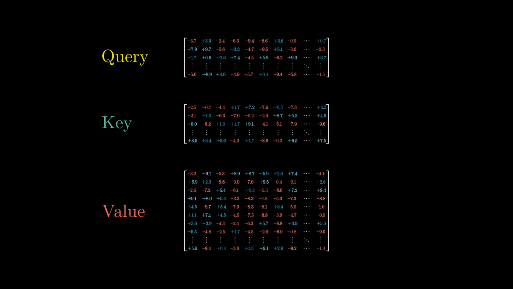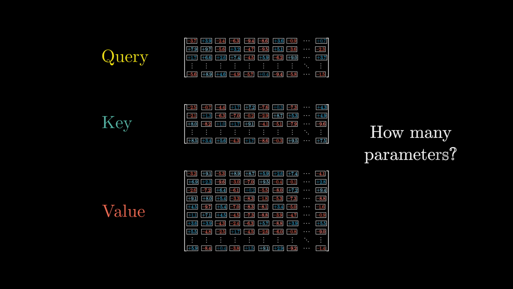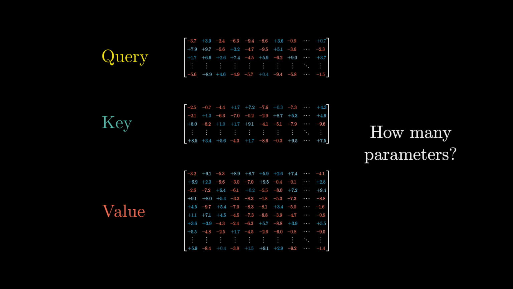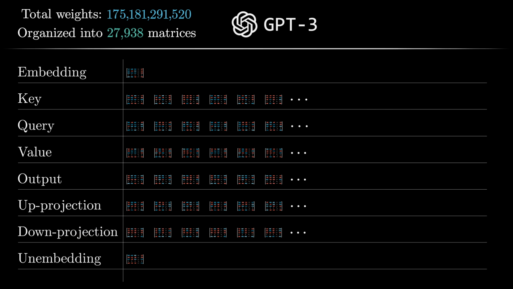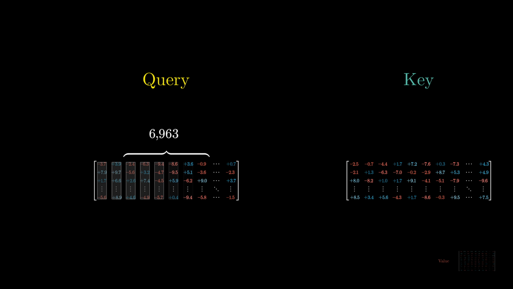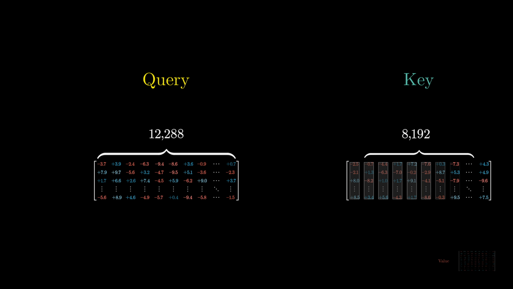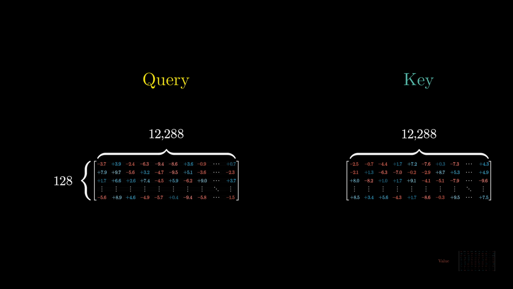I want to take a moment to continue what we started in the last chapter with the scorekeeping, where we count up the total number of model parameters using the numbers from GPT-3. These key and query matrices each have 12,288 columns, matching the embedding dimension, and 128 rows, matching the dimension of that smaller key query space.